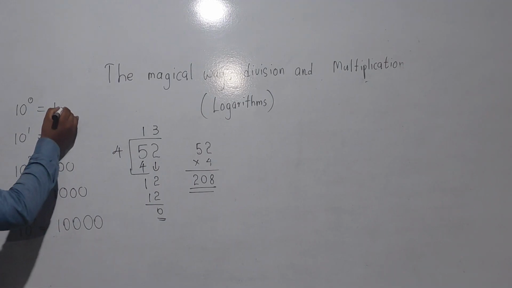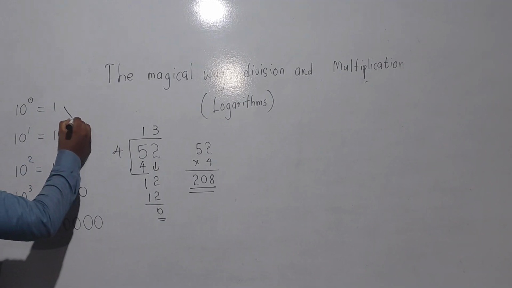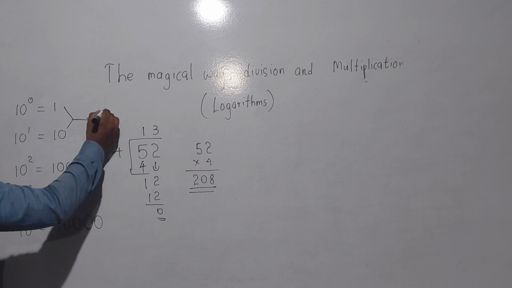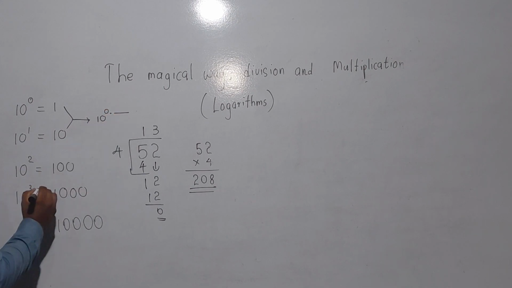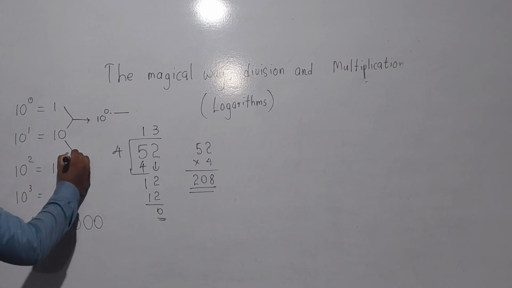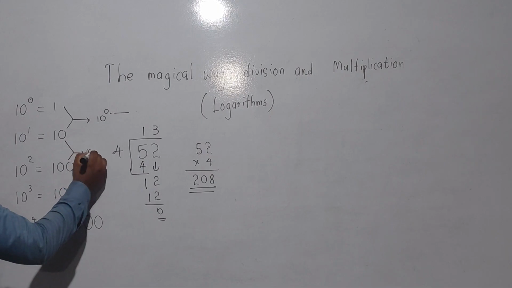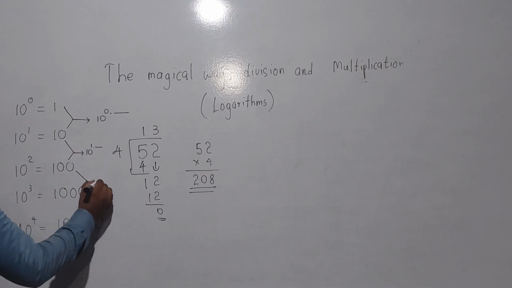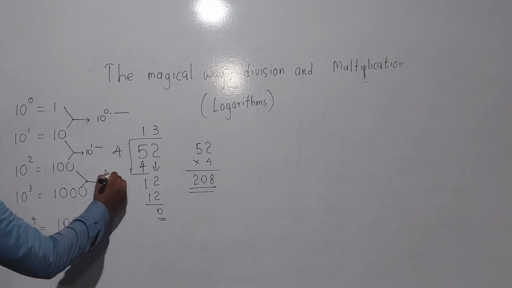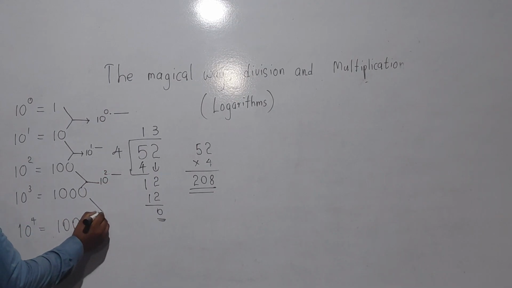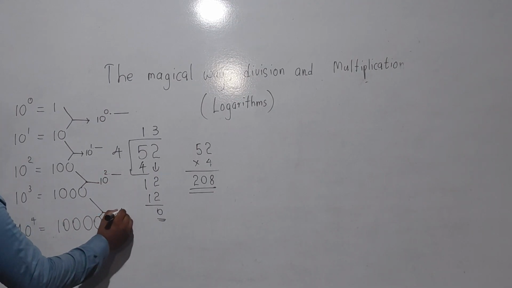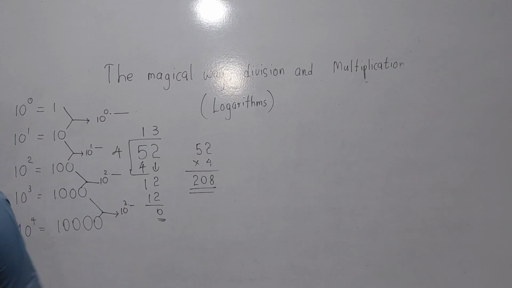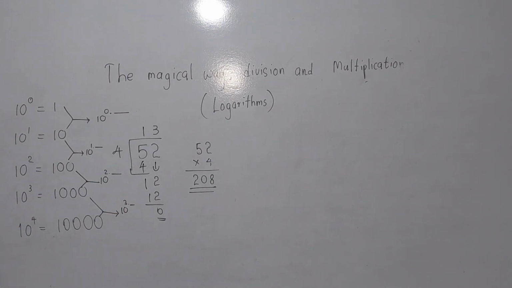Any value between 1 and 10? 10 to the power 0 point something. Any value between 10 and 100? 10 to the power 1 point something. Any value between 100 and 1000? 10 to the power 2 point something. Any value between 1000 and 10,000? 10 to the power 3 point something. Okay.